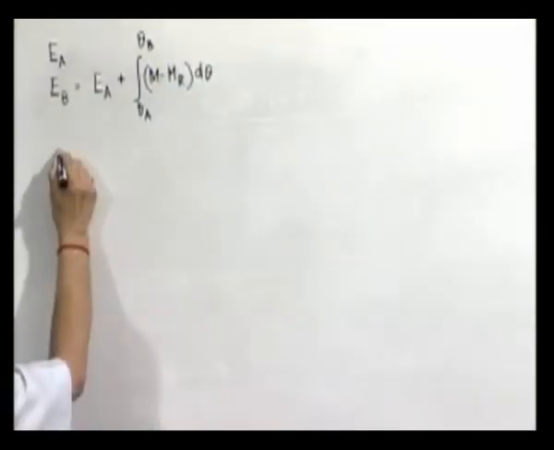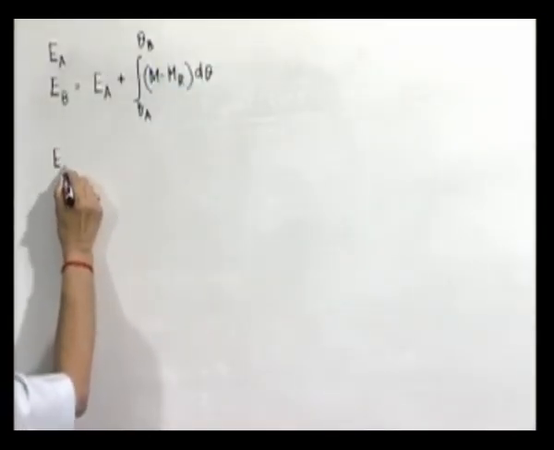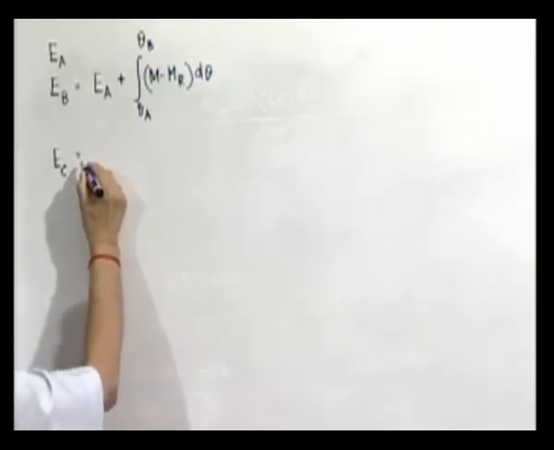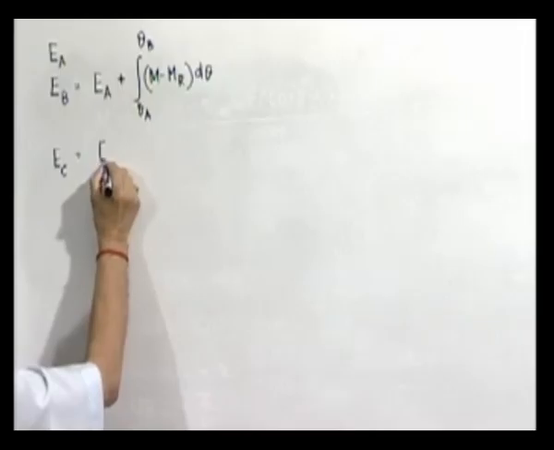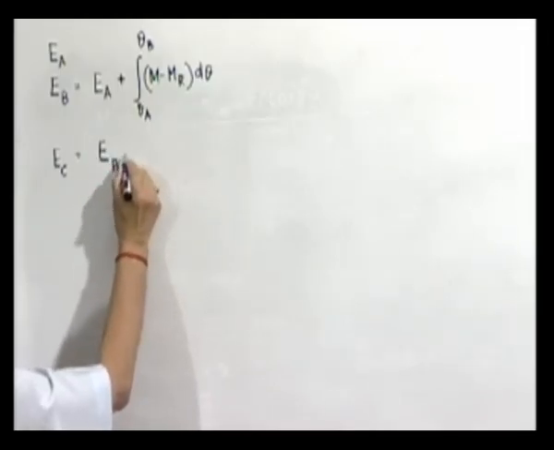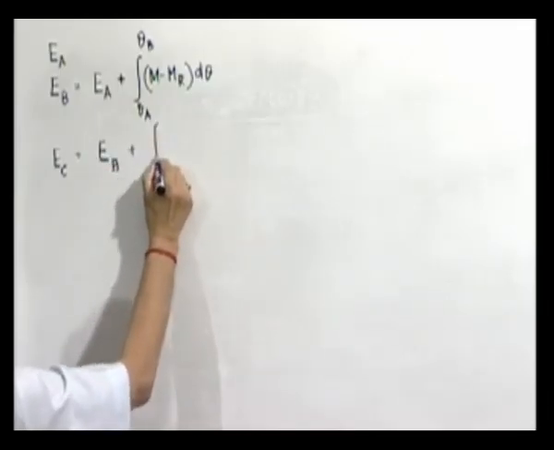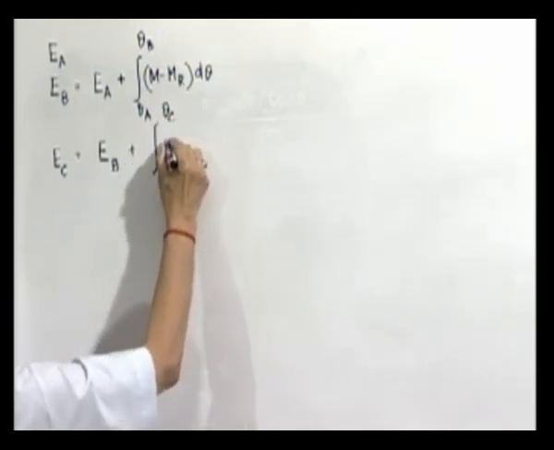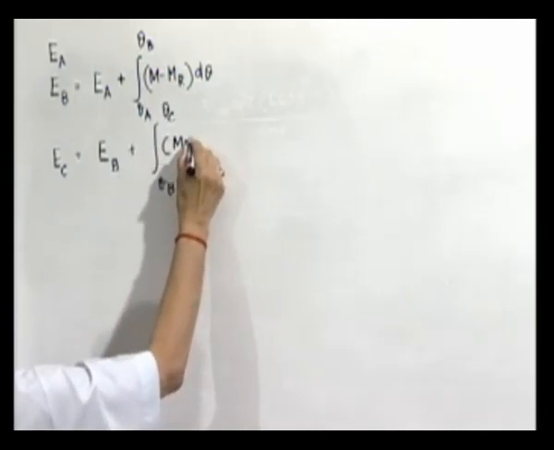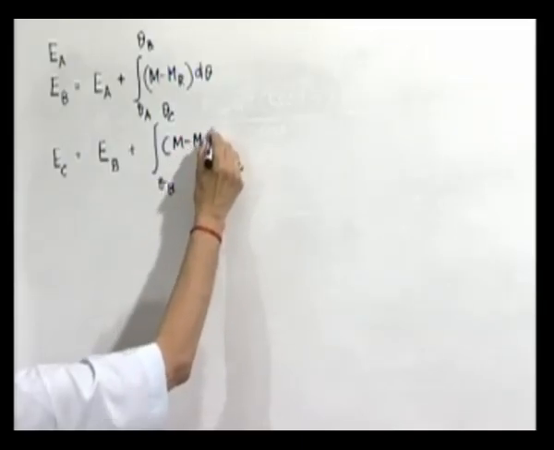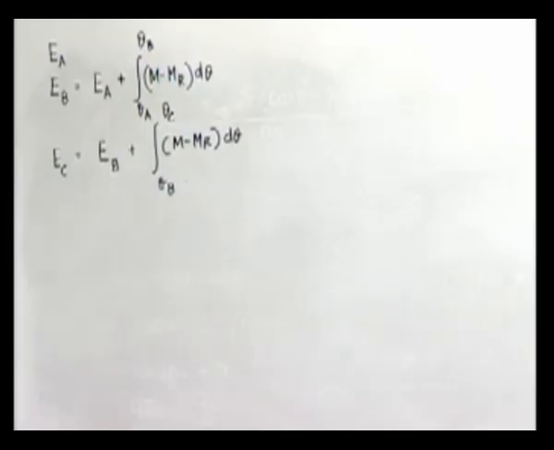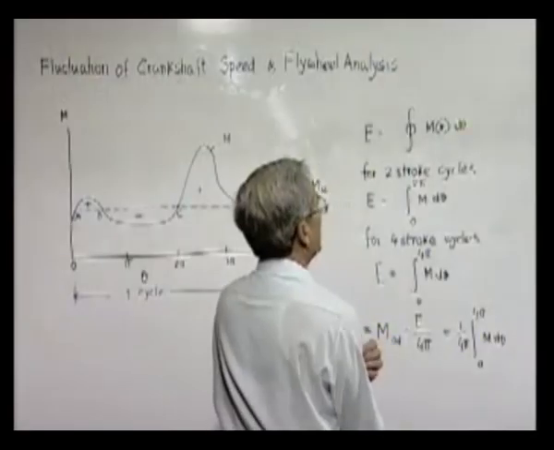Similarly, energy at point C will be E_B plus the integral from theta B to theta C of (M minus M_r) d theta. But remember, M minus M_r is a negative quantity, and so actually this is going to be a negative quantity.